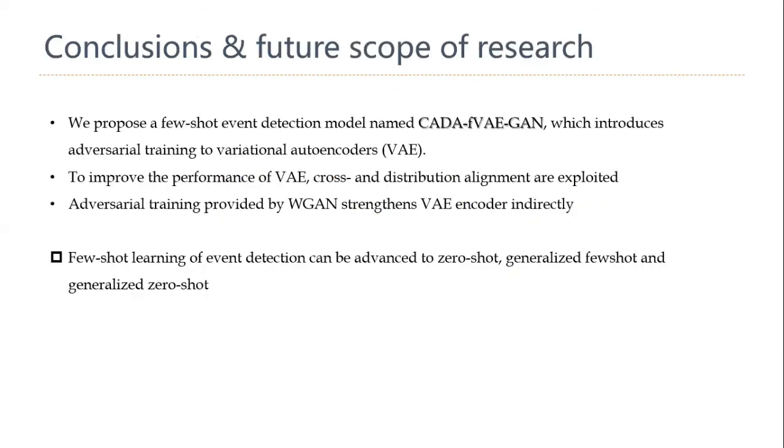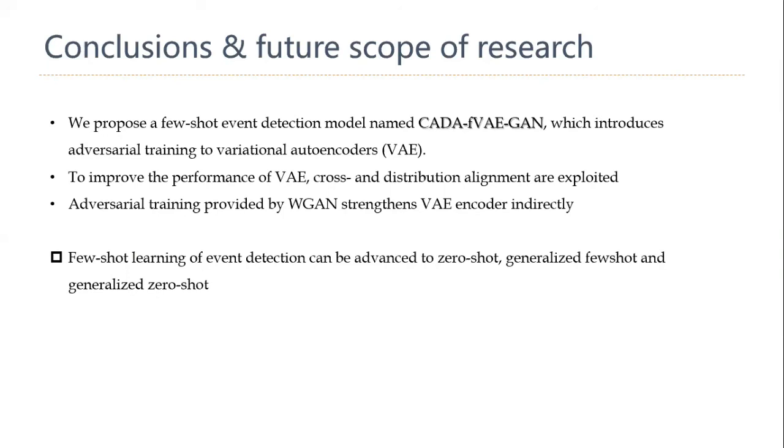And the last part of my presentation is about the conclusion and the future scope of our research. In this work, we propose a few-shot event detection model named CADA-FGAN, and the model introduces adversarial training to VAE.